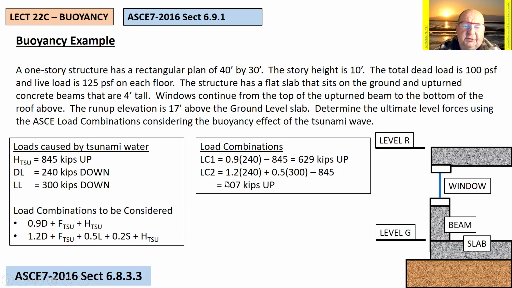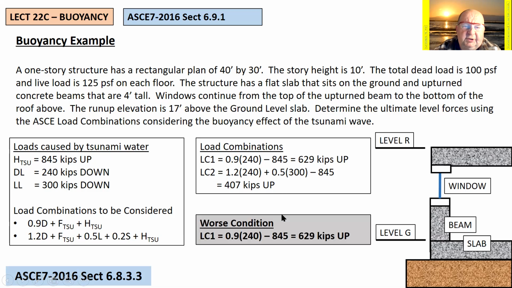Considering load combination 2, now I consider the dead load plus the live load minus this upward force gives me a lower value of 407. The worst condition for buoyancy is going to be this 629 kips upward when I only have the dead load to help resist it.